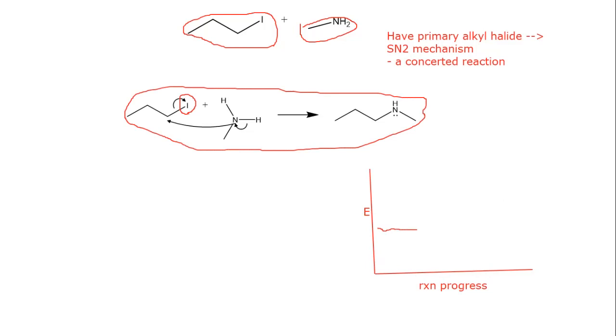Sorry, I can't draw a straight line. We have our rate determining step. Cool. So this is a one-step bimolecular mechanism. It's one step because we only have one activation energy.